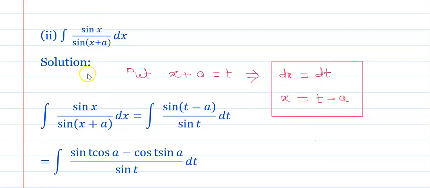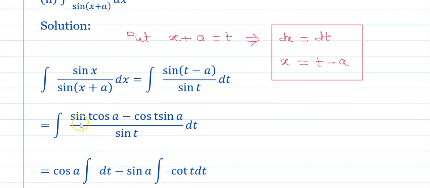Now see this here, our integral sin x upon sin of x plus a into dx. Substitute the x, which is t minus a. x plus a is t. dx is dt. Okay. Now integral sin of t minus a, that is the expansion of sin of a minus b. What's the sin a minus b? We know the formula. Here I will write here again.